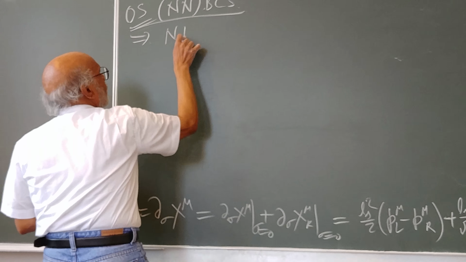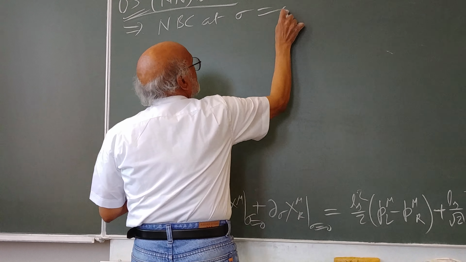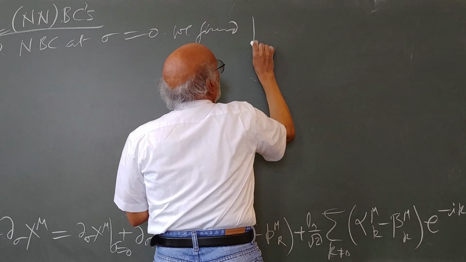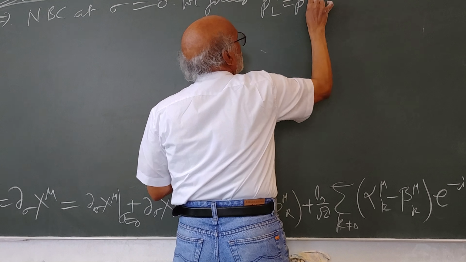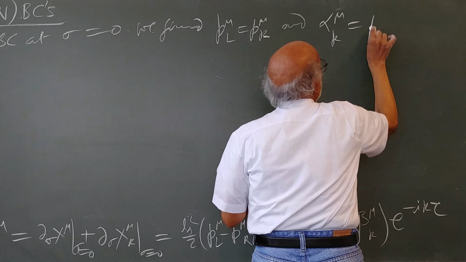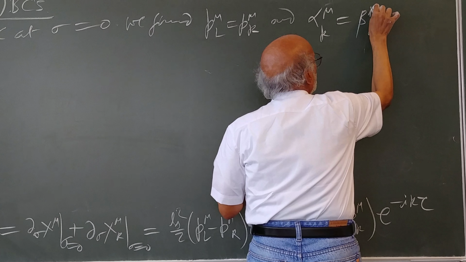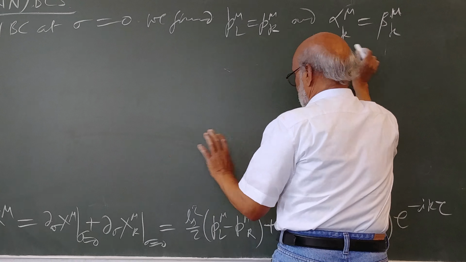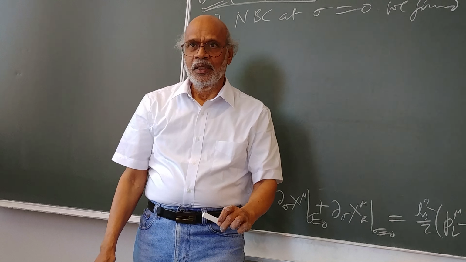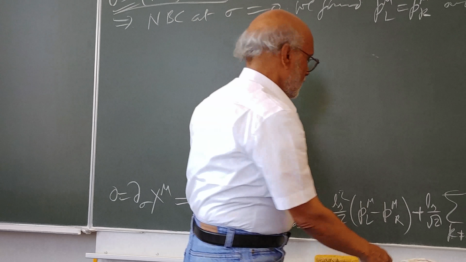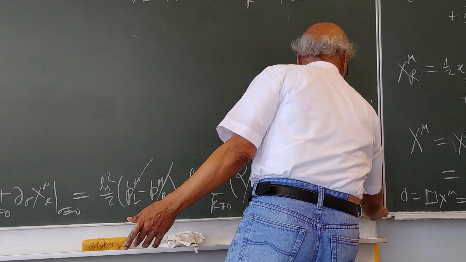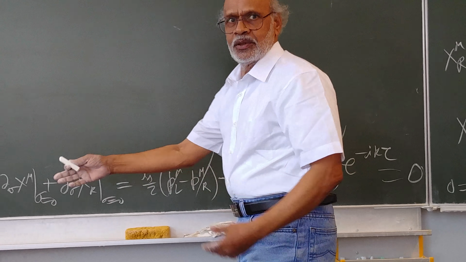If we apply Neumann boundary condition at sigma equal to 0, we find P mu L equal to P mu R and alpha mu k equal to beta mu k. This is the net outcome of this particular boundary condition. When we have applied this boundary condition, this is what should happen, so that this can cancel this, this can cancel this, and you have left hand side equal to right hand side, 0 equal to 0.